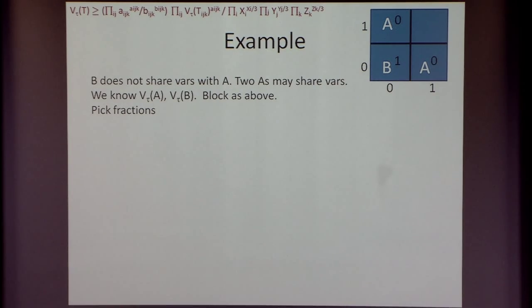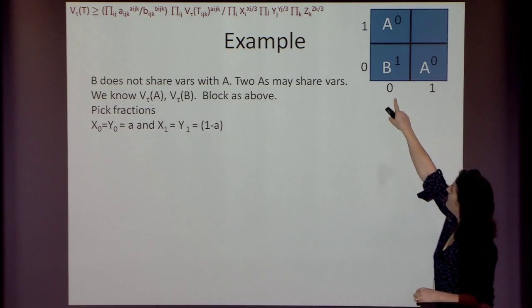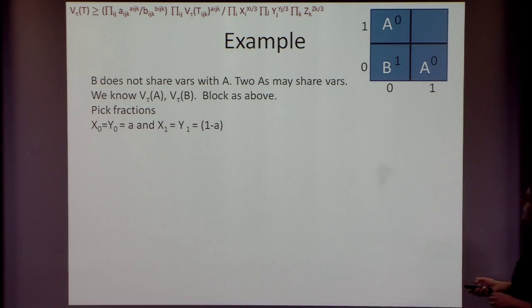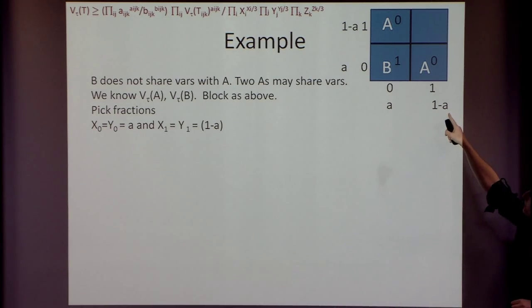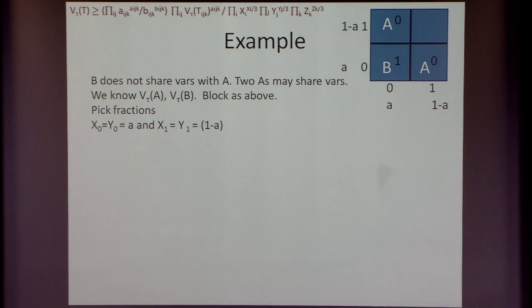Then we proceed to pick fractions. The 0 variables here and here get a fraction of alpha, because it's symmetric, and the x1 and y1 get fractions 1 minus alpha.